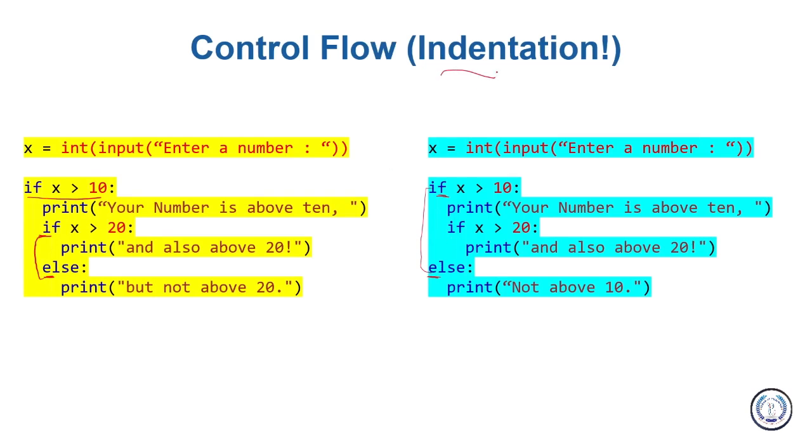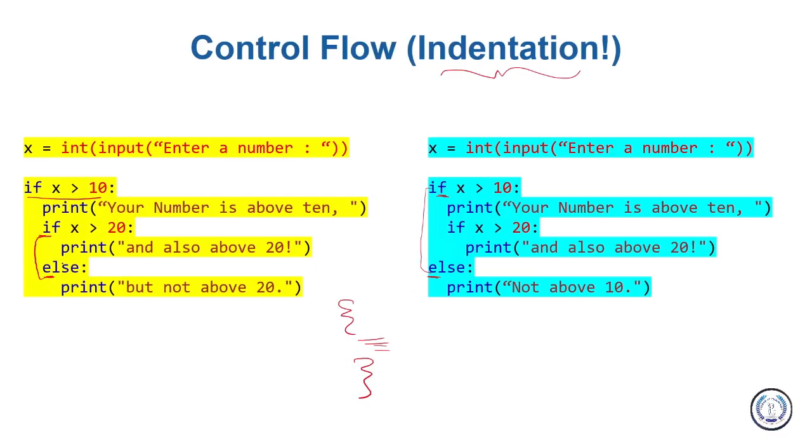So remember the power of indentation. This is the indentation that defines which part belongs to what kind of block or structure in Python. In other languages, for example in C++, they normally write curly brackets to define a block, and their indentation doesn't really matter. But in Python, it is the indentation that actually defines each and everything.